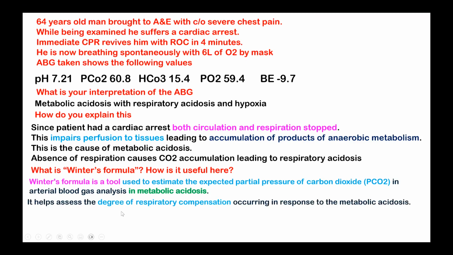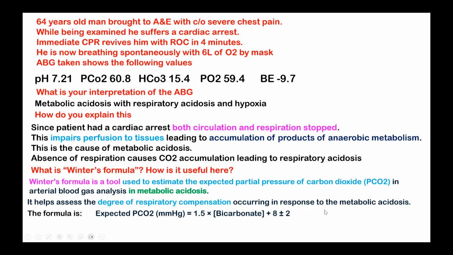So it helps to assess the degree of respiratory compensation. And the formula is, the expected PCO2 is calculated by multiplying the bicarb value by 1.5. So here you have 15.4, that should be multiplied by 1.5. To this you can add 8 and the final value can be plus or minus 2.